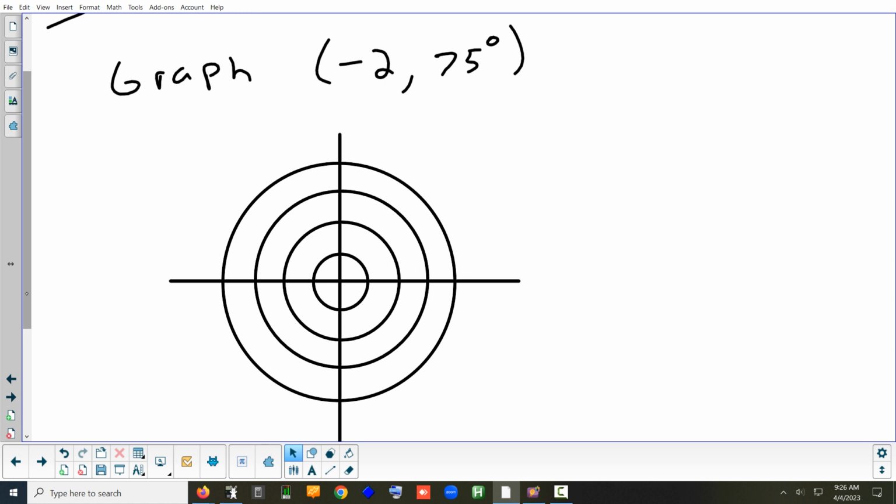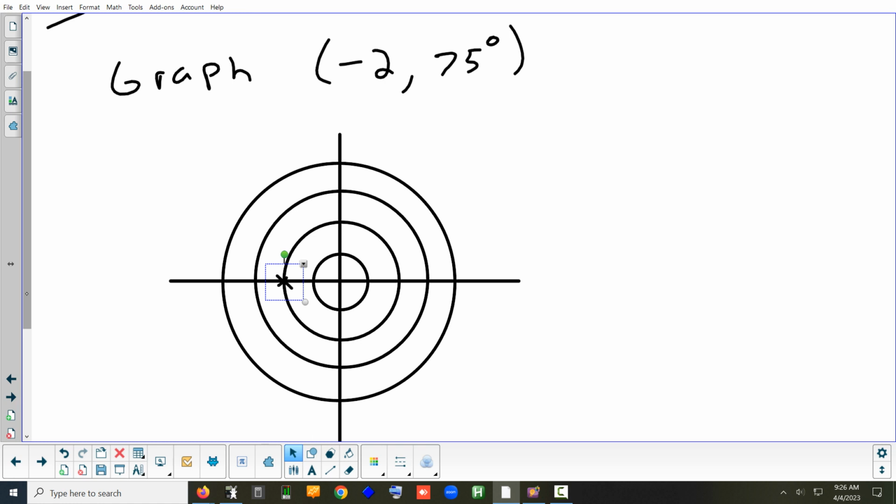Okay, let's look at this one. -2, 75 degrees. What's r telling me to do in this case? Move left 2 units. Now, that is where you're going to measure your rotation from. This is where you're starting from. From this point, how many degrees are we going to rotate? 75.